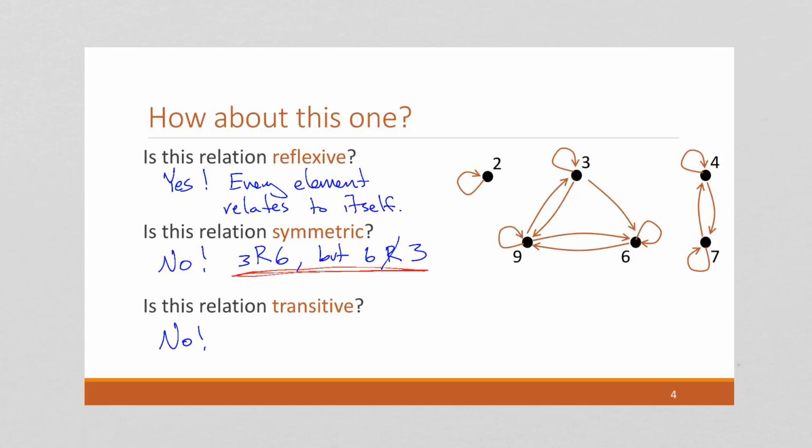To give a counterexample for lack of transitivity, I can say that 6 is related to 9. That's this arrow. And 9 is related to 3. That's this arrow. But 6 is not related to 3. And so that violates transitivity.